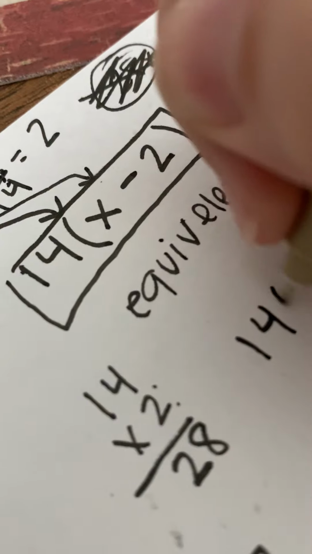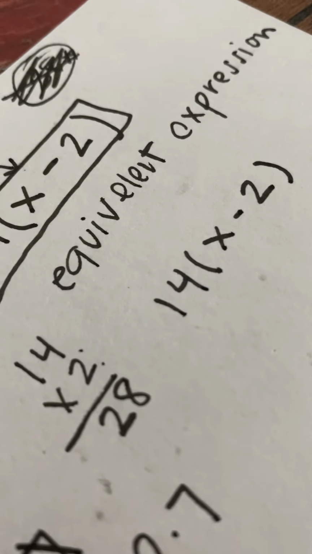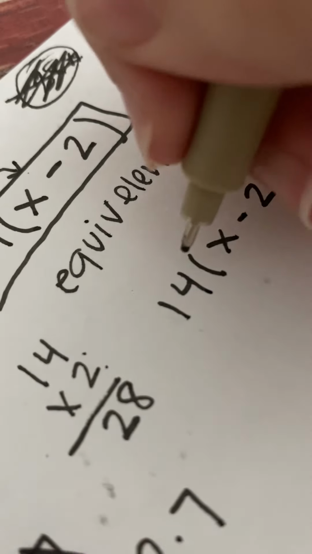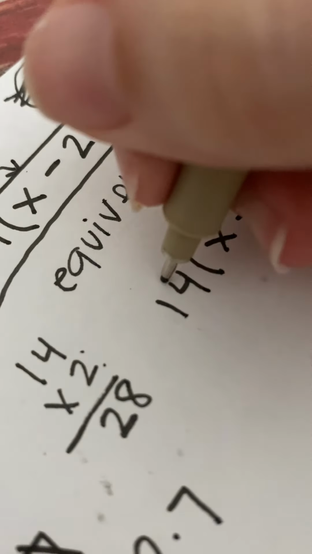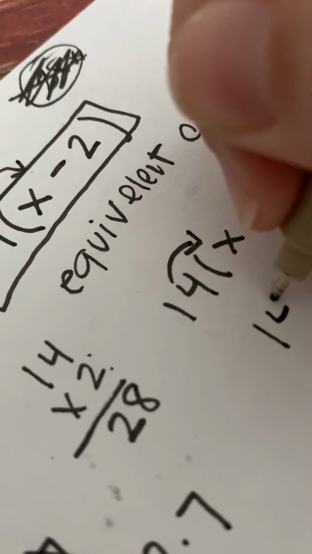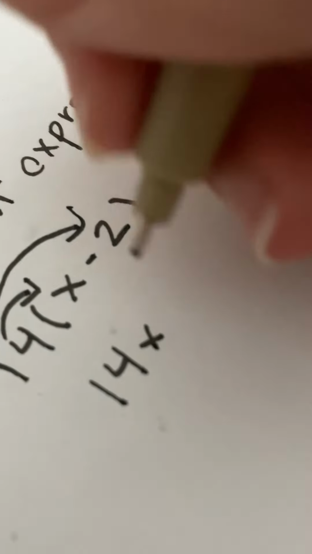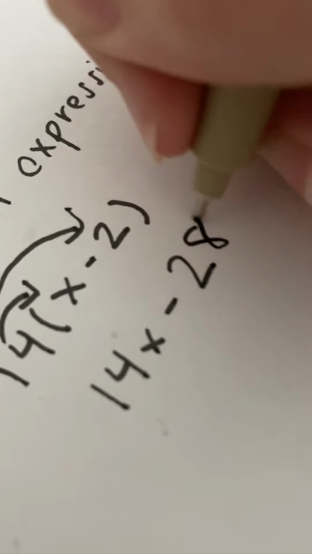Now, if I want to check my work, so if I want to make sure my work is correct, I'm going to distribute my 14. So I'm going to use my distributive property. 14 times x is going to be 14x, and then 14 times 2 is going to be 28.